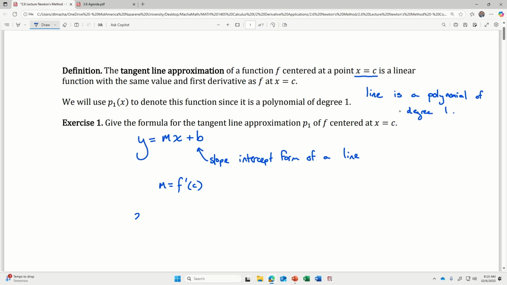So I could write something like p1 of x is equal to f prime of c times x plus b, and I need this to be equal to f of c. I want them to have the same value at this point when x is equal to c.